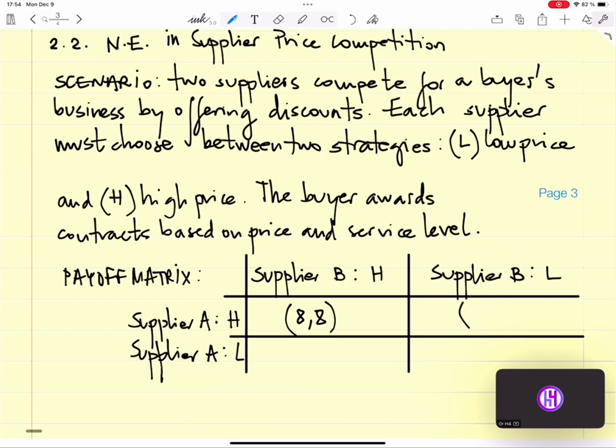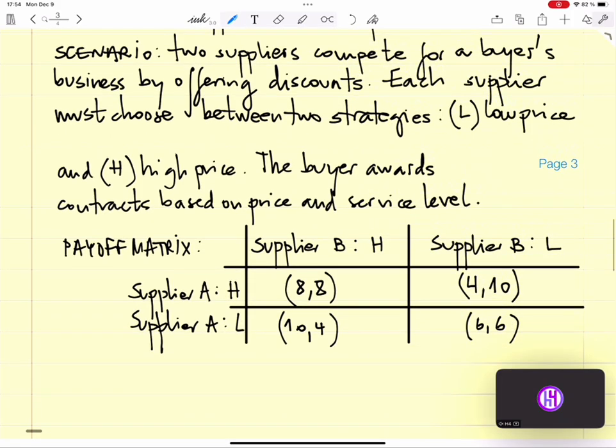So if supplier A has high price and supplier B has low price, supplier B wins 10, supplier A wins 4, same logic as before, then 10, 4, and then 6, 6. Okay, this is basically the same issue as before.